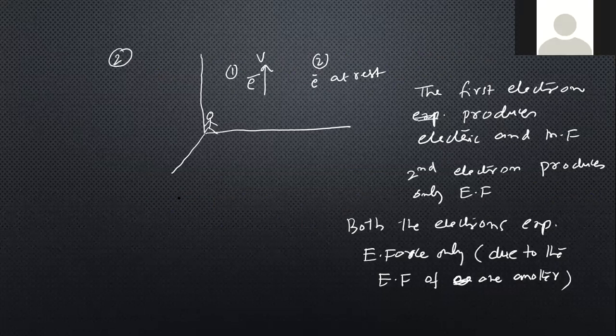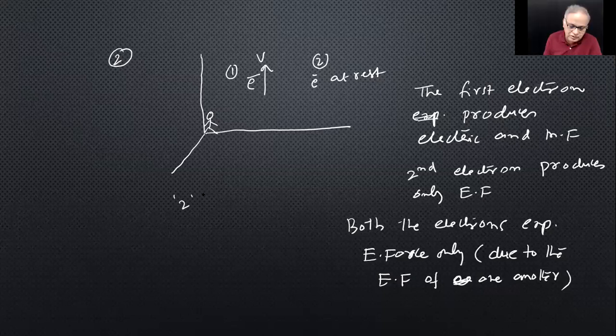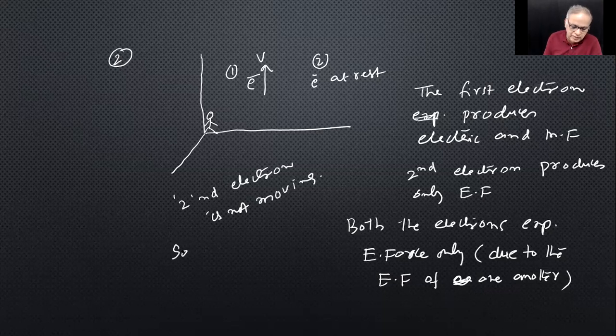The second electron is not moving, so the magnetic field of the first electron does not apply force on it.